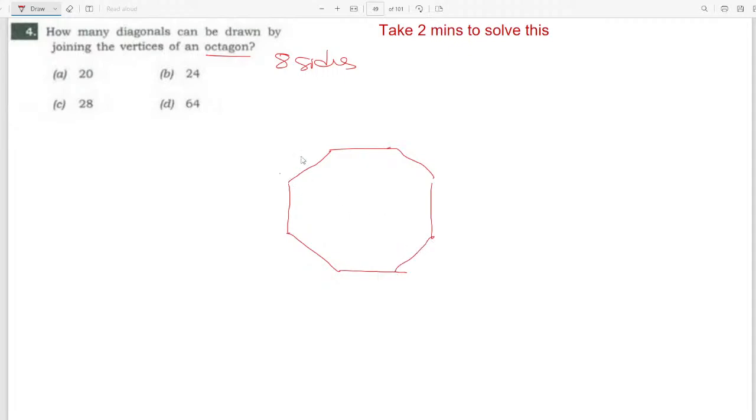There are 8 sides: 1, 2, 3, 4, 5, 6, 7, 8. They're asking how many diagonals can be drawn. What is a diagonal? A diagonal is something which joins opposite vertices, like this one, and then this one.